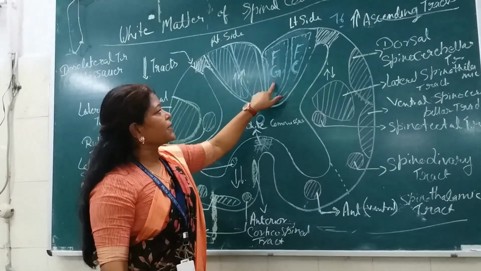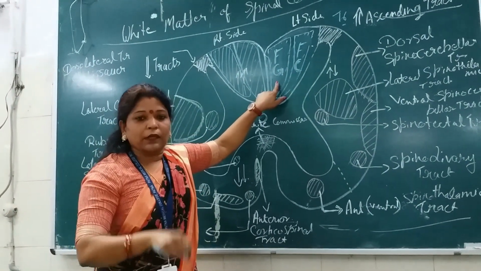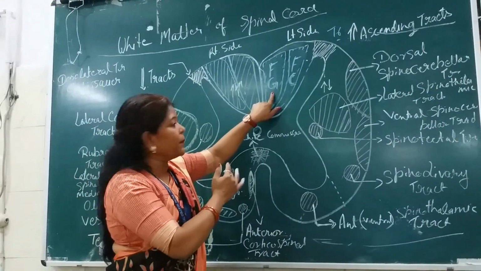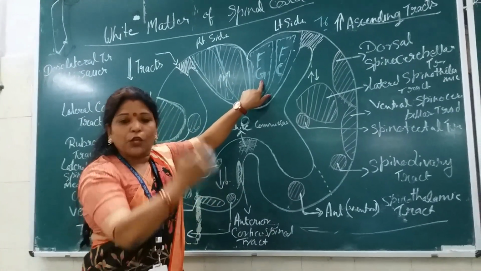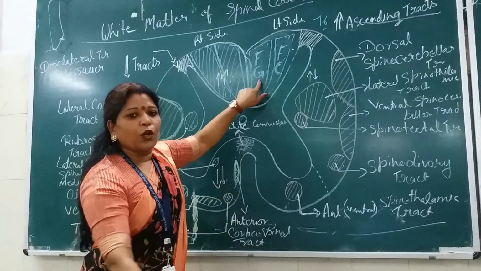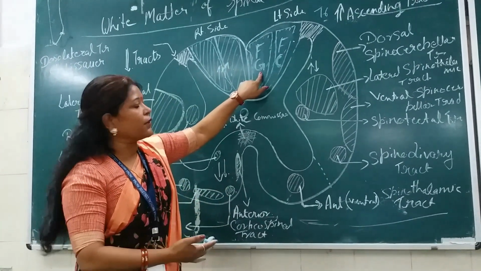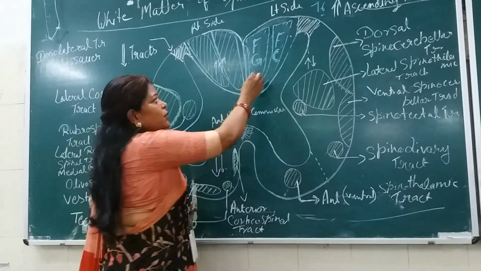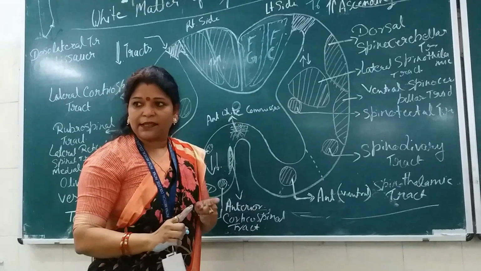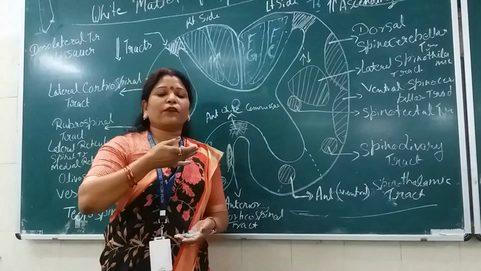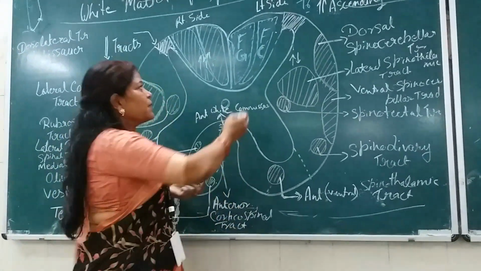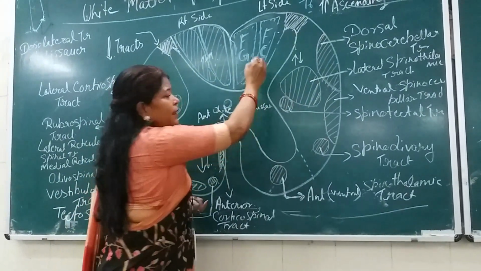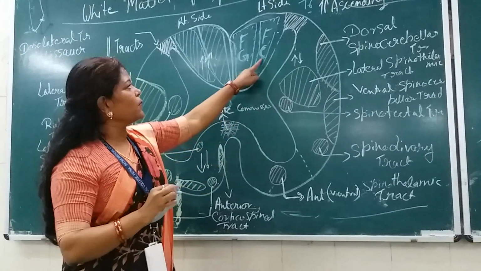So fasciculus gracilis, G for ground. One point you should remember is that the medial fasciculus is the gracilis. So G for ground also. The lower limb and the lower part of the trunk, these sensations are carried via the spinal cord through the fasciculus gracilis. From the upper part of the trunk and upper limb, this same sensation is carried by another tract, named the fasciculus cuneatus.